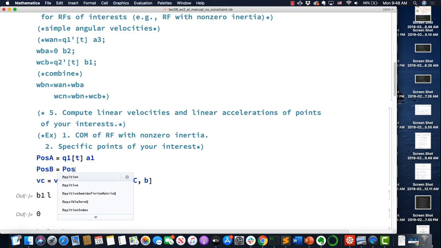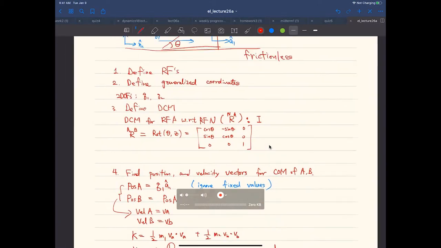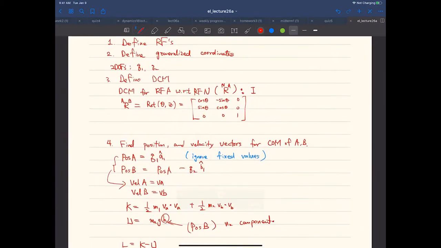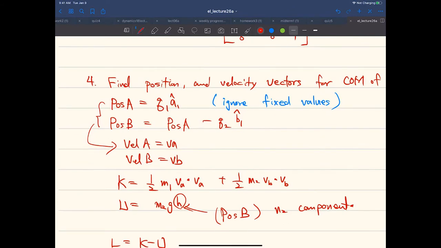It's just this one plus now Q2 in B1, but it's negative, right? If you remember this, it's negative there. Okay.